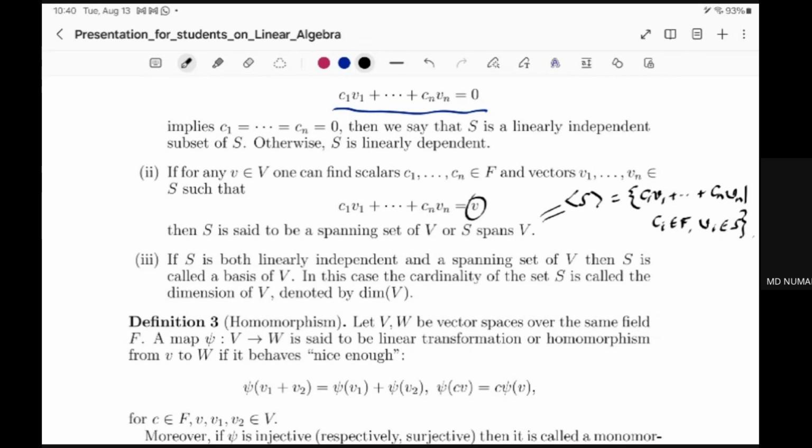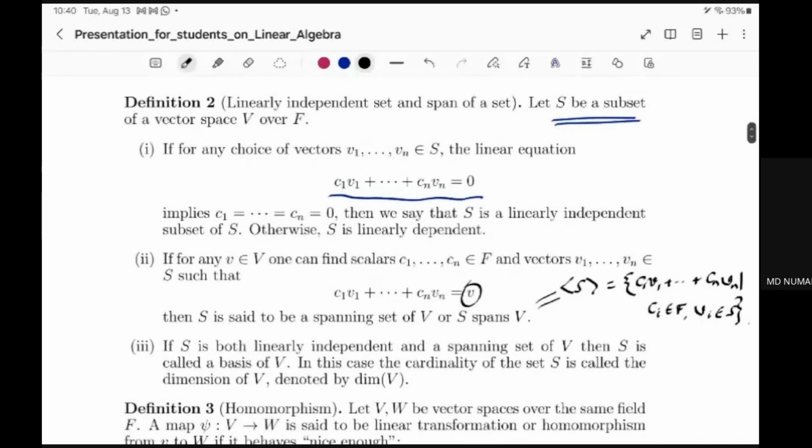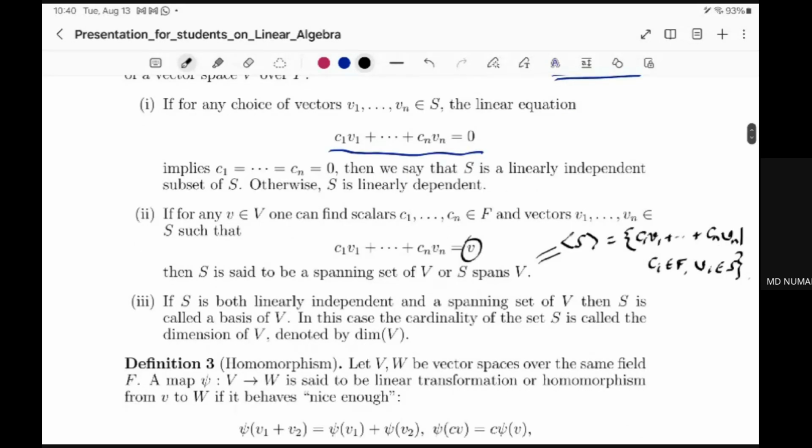So right now, all I'm saying is that you have these two ideas of a linearly independent set and spanning of a set. And if both of these happen together, we get a basis out of it. The cardinality of S is called the dimension of the vector space V. If this set happens to be finite, then the dimension of the vector space is finite. And if the cardinality of S is infinite, then the dimension of the vector space is also infinite.